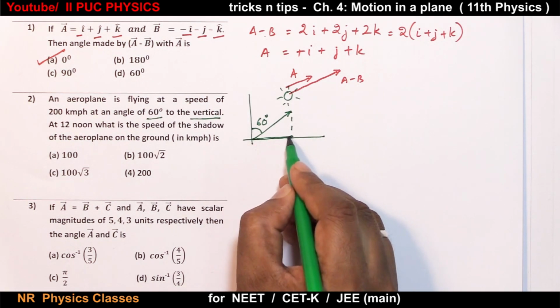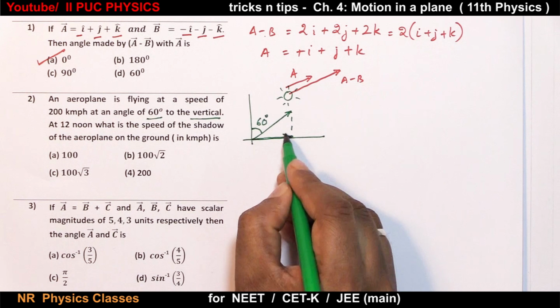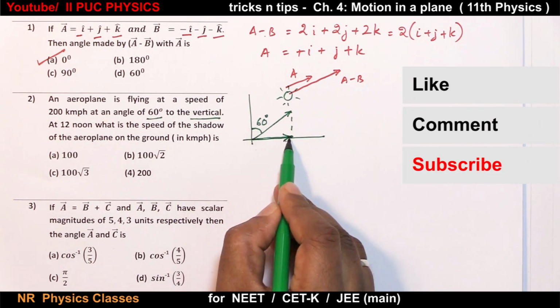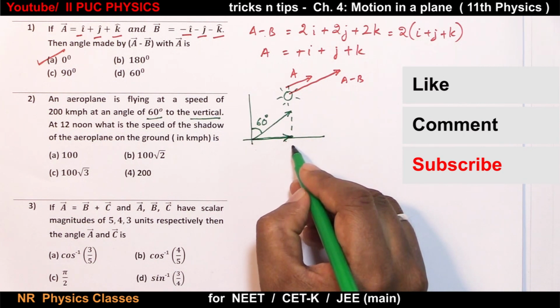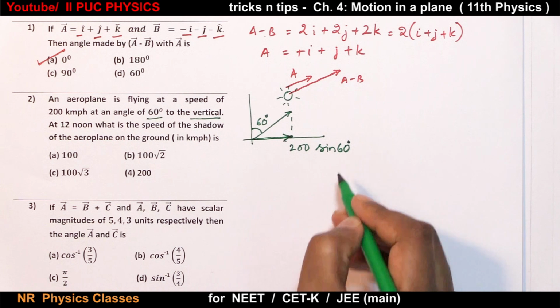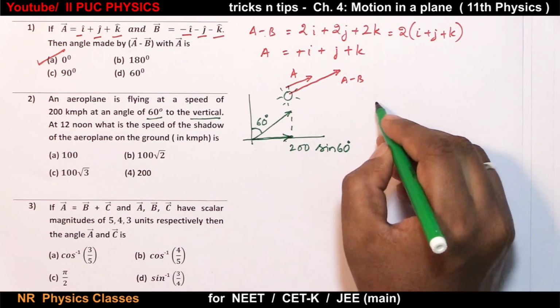This is the horizontal component of this velocity. This component is away from 60, therefore 200 sin 60. You understood this, right?